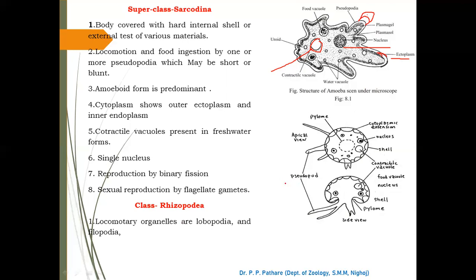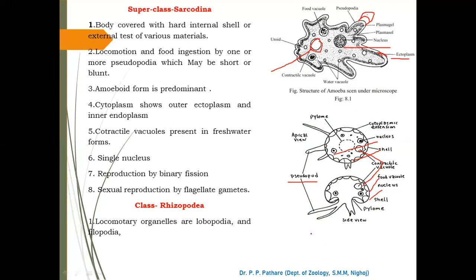If you observe the pseudopodia, that is the food capturing organ. Then we have contractile vacuoles, food vacuoles, nucleus, and shell. This type of lobopodia is useful for locomotion.